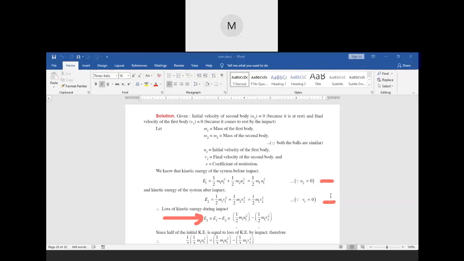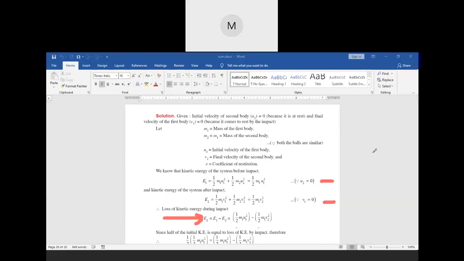Is it okay now? Okay. So E1 minus E2, what does it actually mean? E1 minus E2 means the difference between the kinetic energy of both the systems, right?